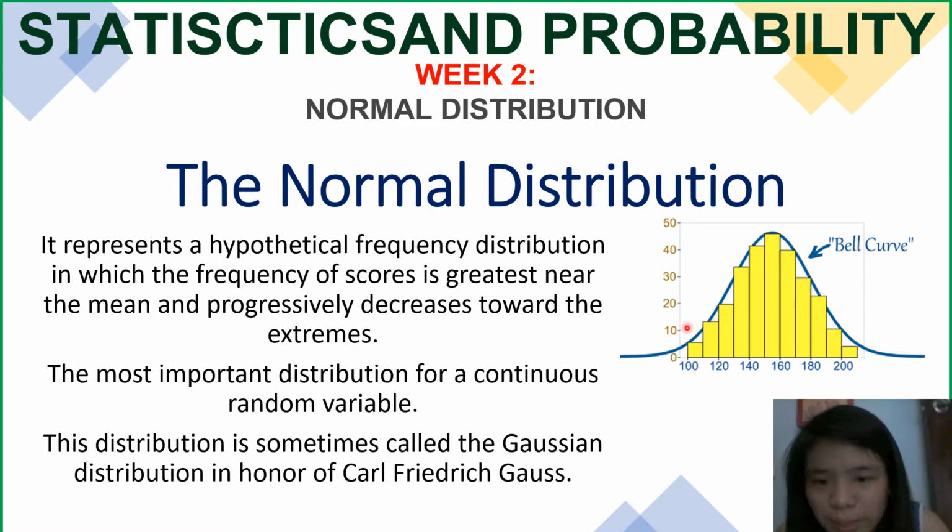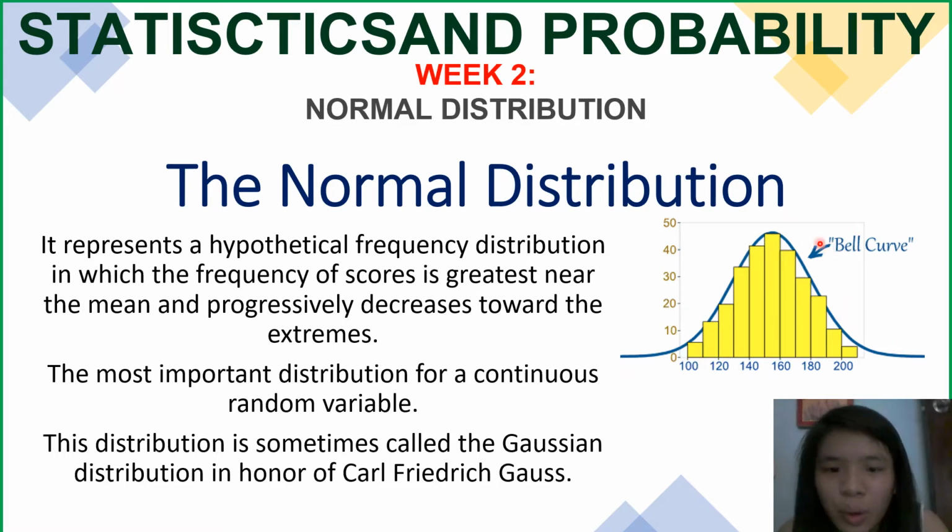So, yung extremes kasi dito sa graph na to is etong pababang to. Sabi, decreases towards the extremes. Yung pababa na siya, yung pinakataas kasi niya or yung pinakagitna is, yun yung mean natin. Tapos, kapag pababa na siyang ganyan, yan na yung mga extremes natin.